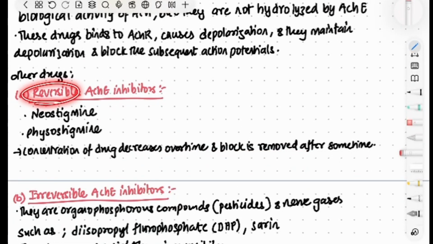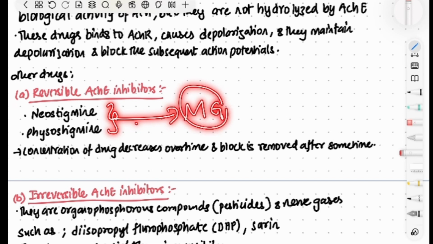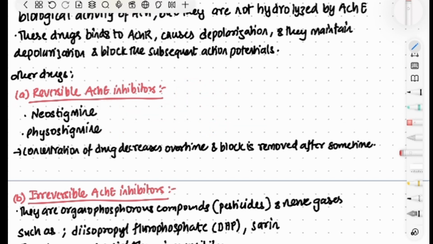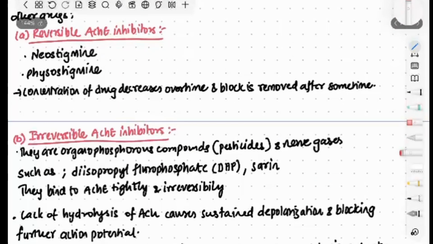That's why these are reversible. Neostigmine and physostigmine are also used in the treatment of myasthenia gravis. They are reversible because their concentration decreases over time and the drug action is decreased.